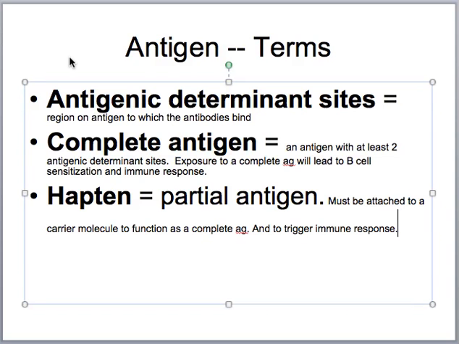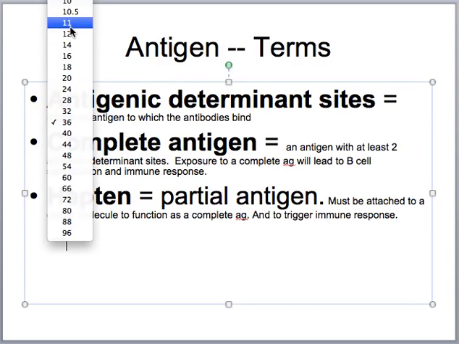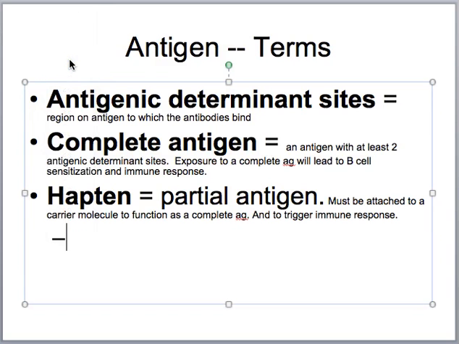Well, your tissues have carrier molecules. They contain molecules that are able to bind to haptens. This is what happens, for example, in penicillin allergies.